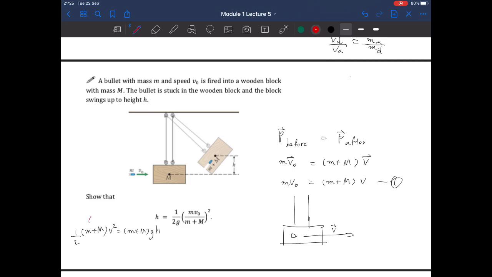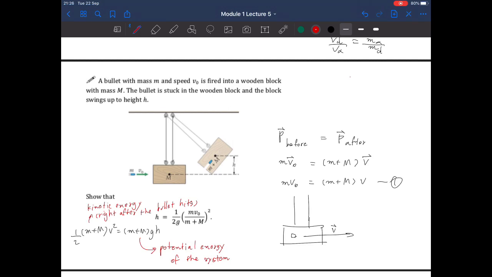Okay, so this is the kinetic energy right after the bullet hits, and this one is the potential energy of the system.